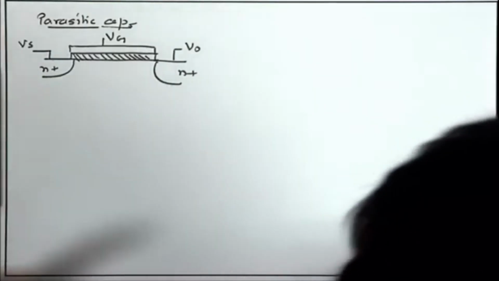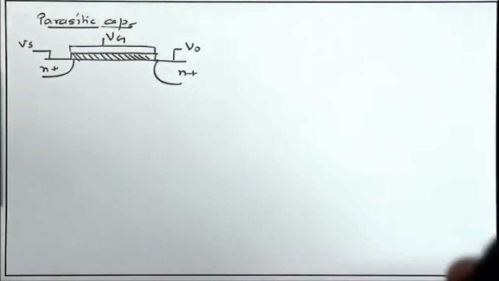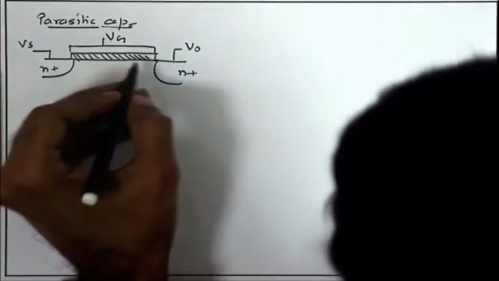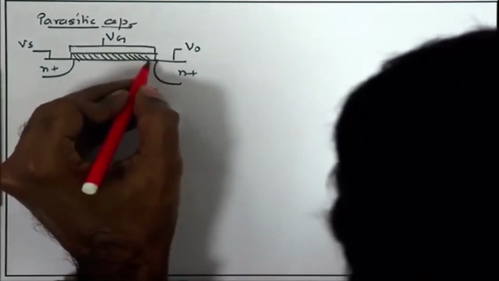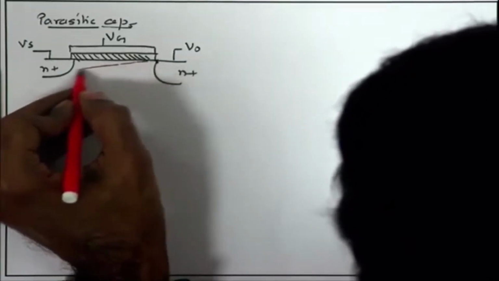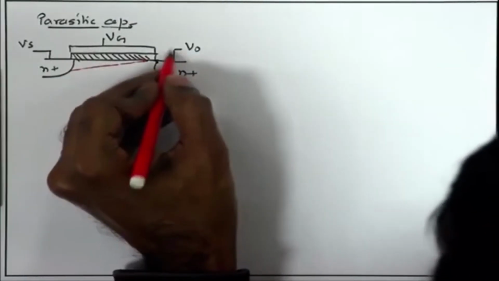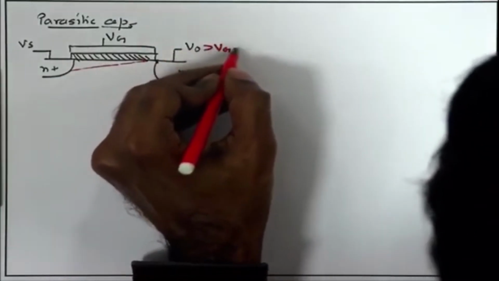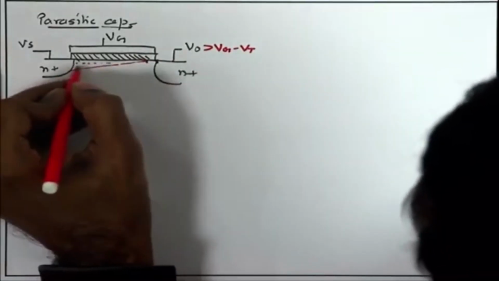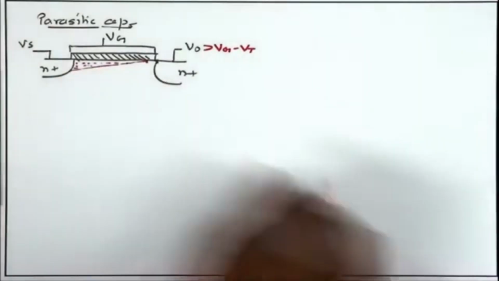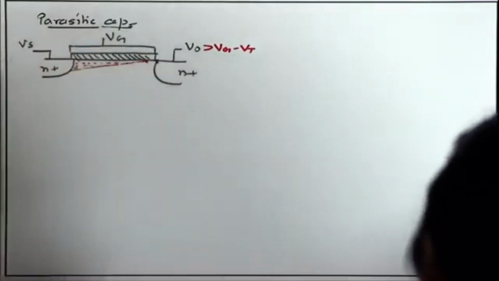In saturation, the channel charge has a tapered characteristic. You have a pinch off at some point, if not exactly at the drain, maybe some points away from the drain. Since Vd is greater than Vg minus Vt, the channel is pinched off, and the rest of the region is filled with negative charge. You have a lot of mobile electrons here, which are balancing some positive charges on the gate.